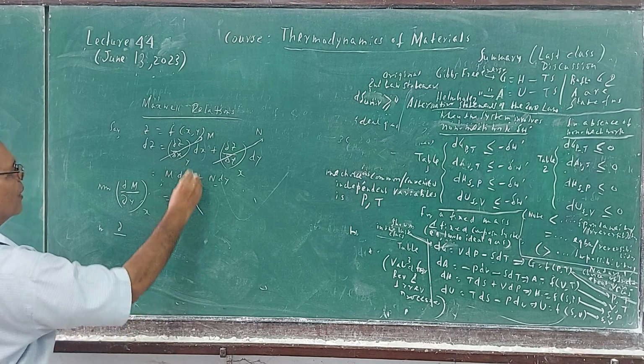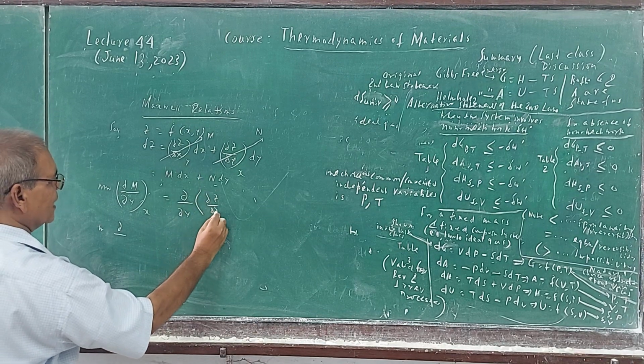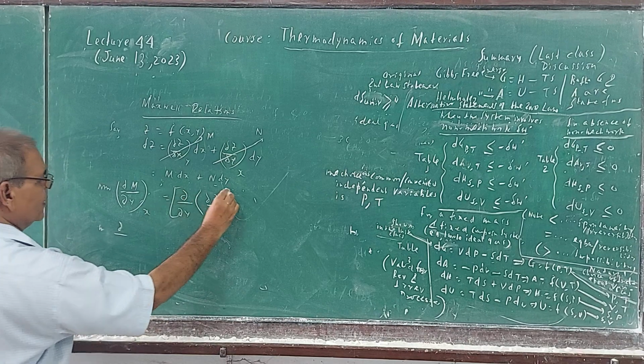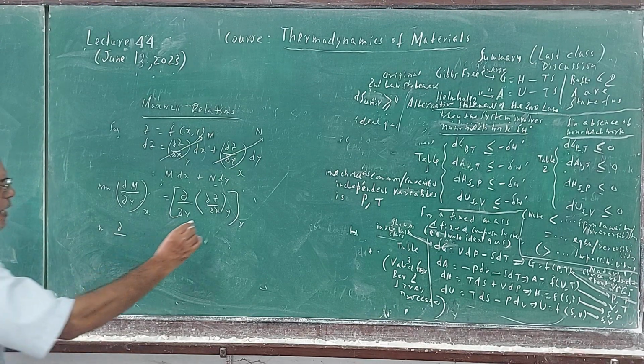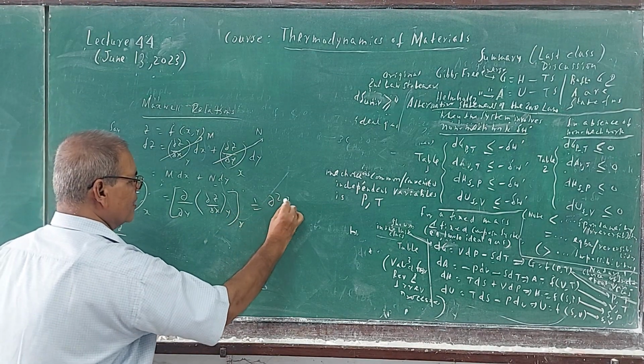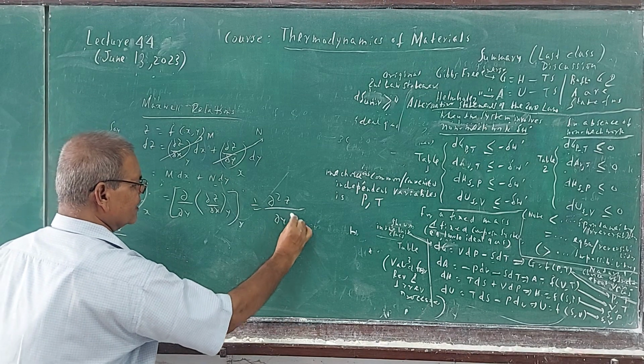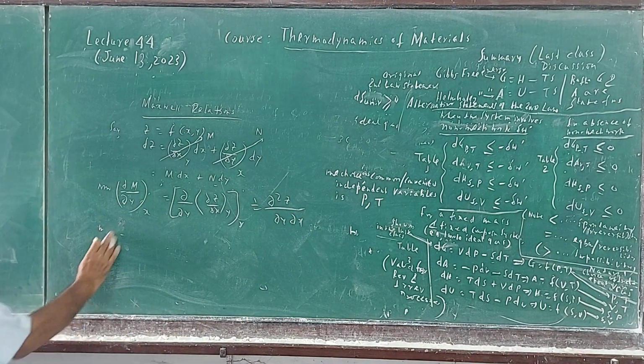What is M? M is del z by del x at constant y. So del M by del y is del square z by del y del x. Happy?